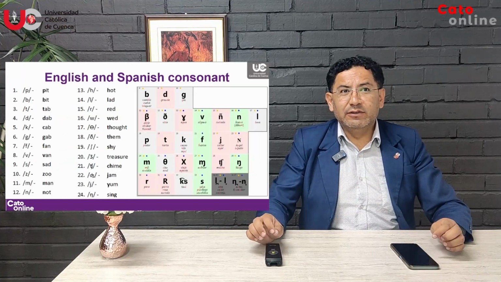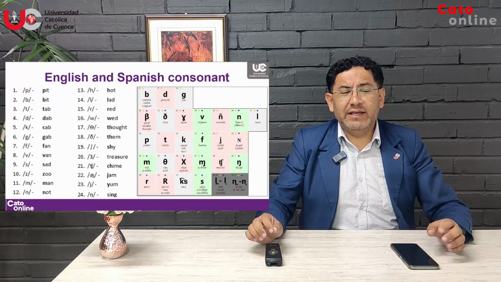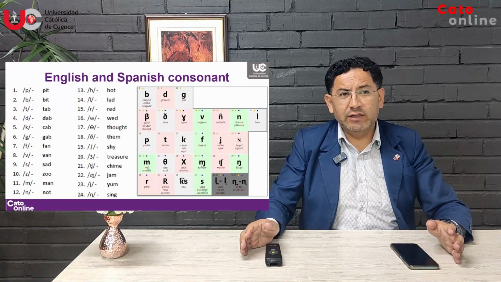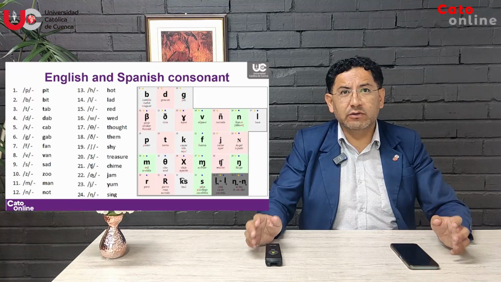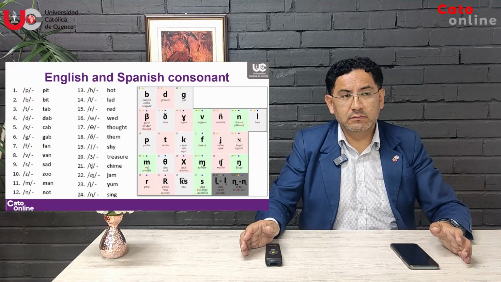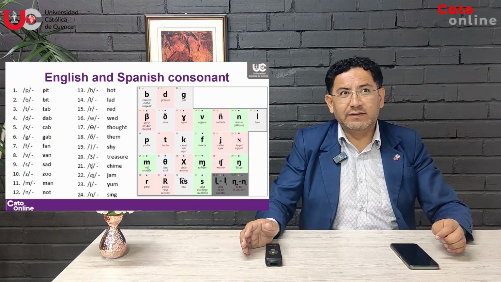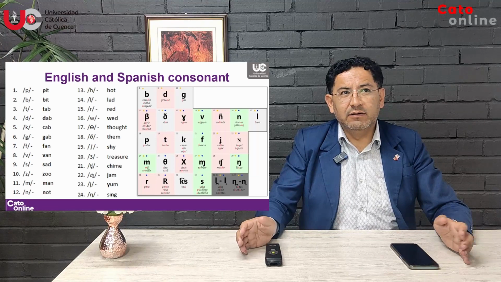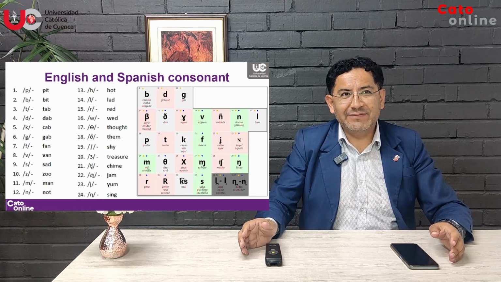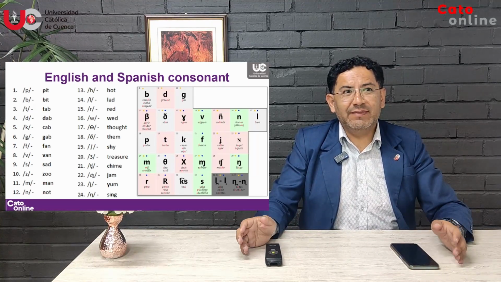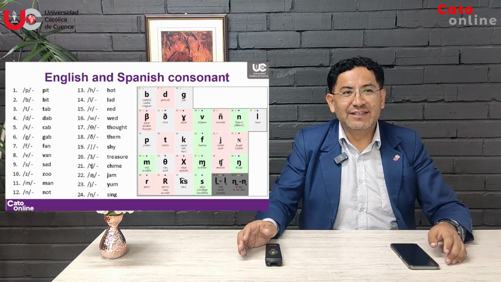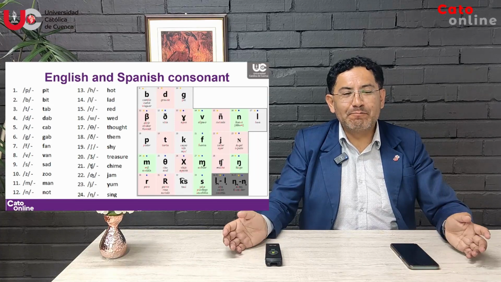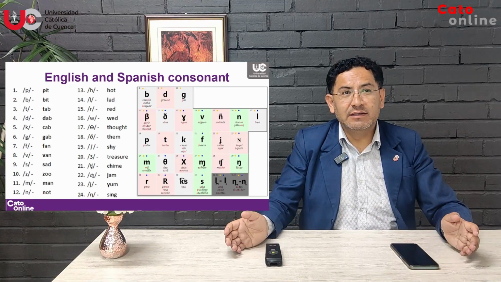But now, what about consonants? In English, we have 24 consonant sounds. As we can say, P, B, T, calf, gav, fan, van, sad, zoo, man, not.